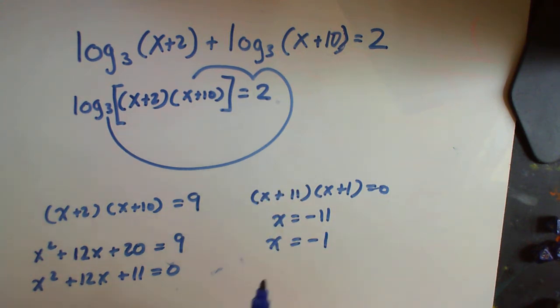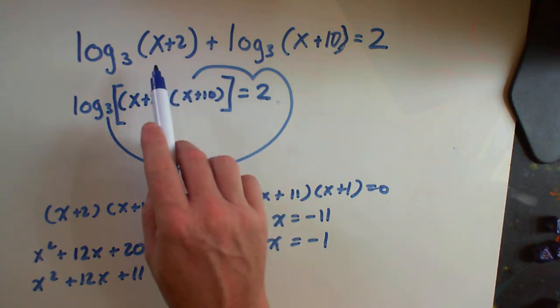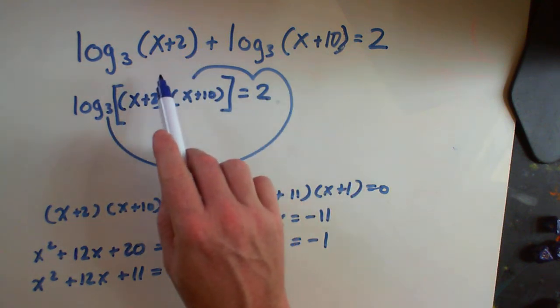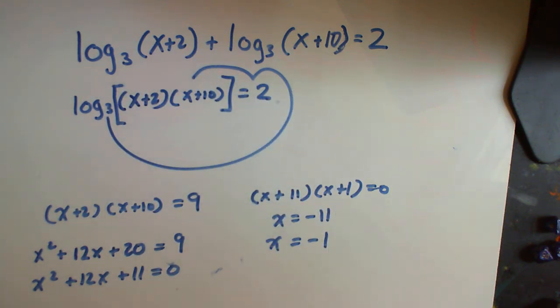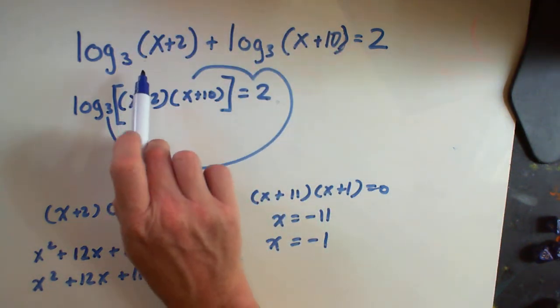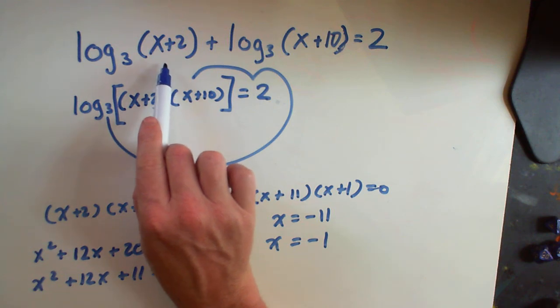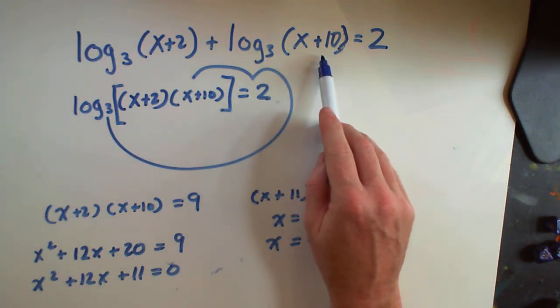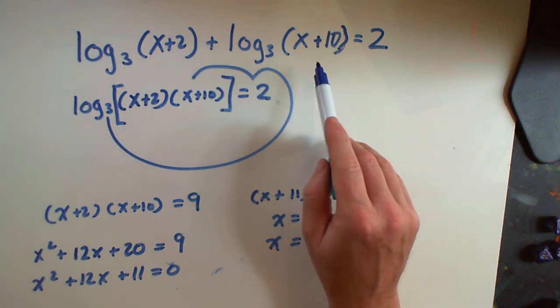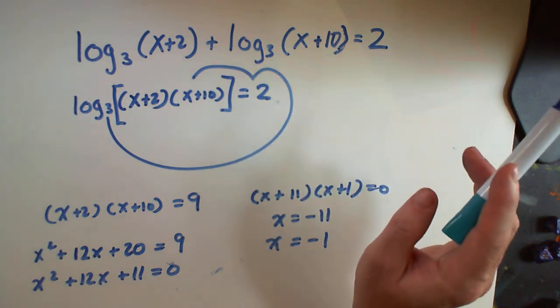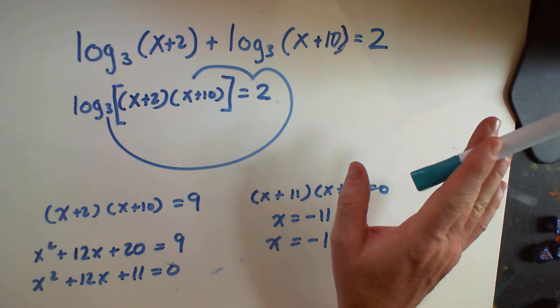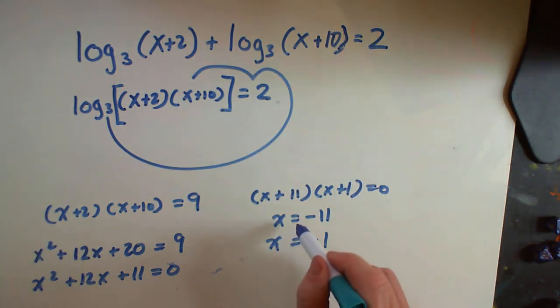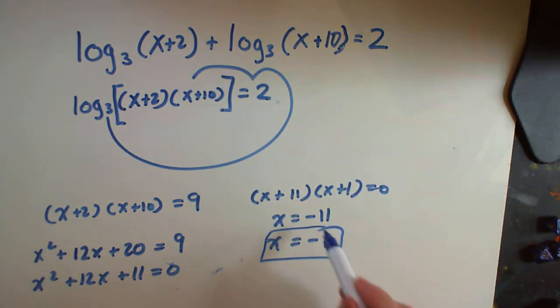Now remember, you have to make sure that plugging these in does not put a negative inside of the logarithm in your original equation. If I plug the negative 1 in, negative 1 plus 2 is positive 1. Fantastic. Negative 1 plus 10 is 9. Fantastic. No problems at all. So the negative 1 is a good answer.